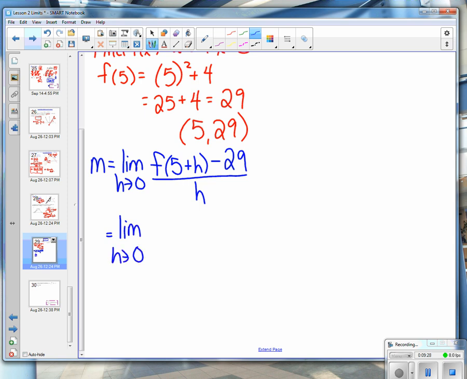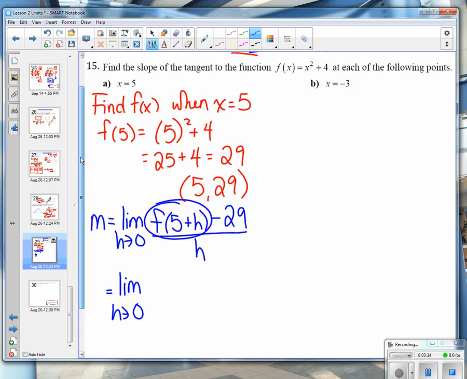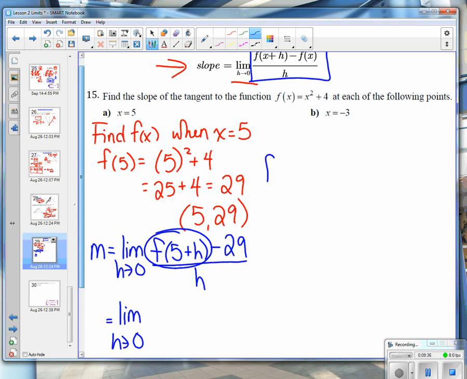Now f of 5 plus h, we're actually going to need to evaluate this. This literally means 5 plus h. That means x is equal to 5 plus h, right? So what we need to do is look at the equation we're given and substitute 5 plus h in for that x. So we're evaluating this for x equal to 5 plus h.